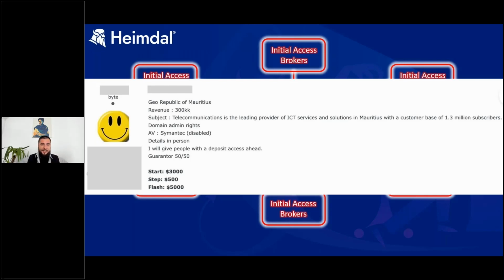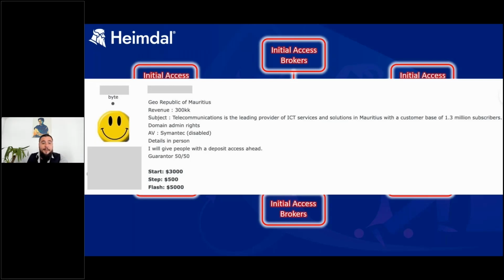Let's read the message. So this is an organization. It's called the Geo Republic of Mauritius. The revenue of this organization is 300,000 K, or 300 million, something like that, right? K stands for 3 zeros, another 3 zeros. So this is 300 million, right?